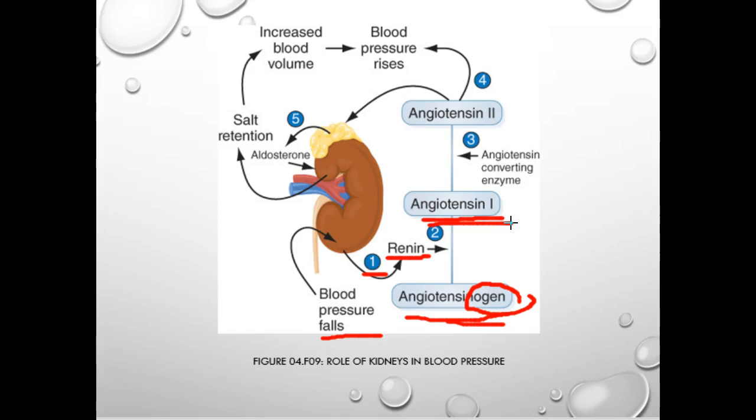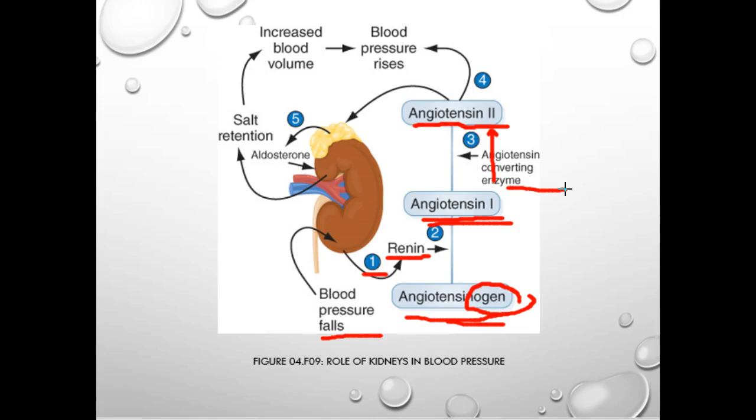Angiotensin 1, and this all happens in the bloodstream, by the way, is then converted to a stronger, more potent form known as angiotensin 2. It is converted from 1 to 2 by ACE, or angiotensin converting enzyme.